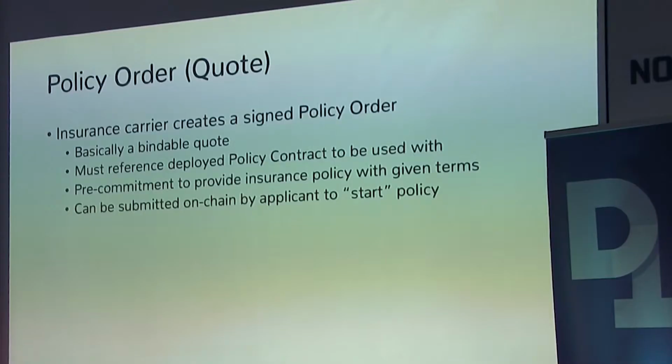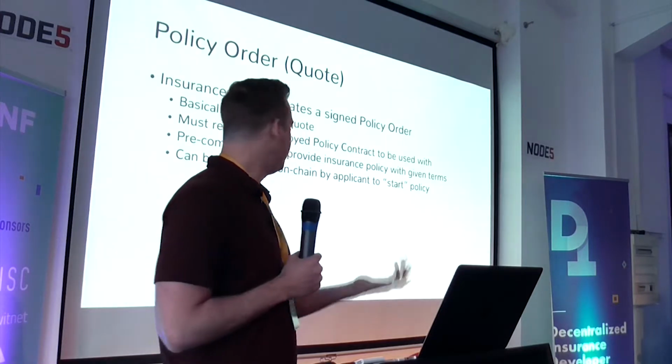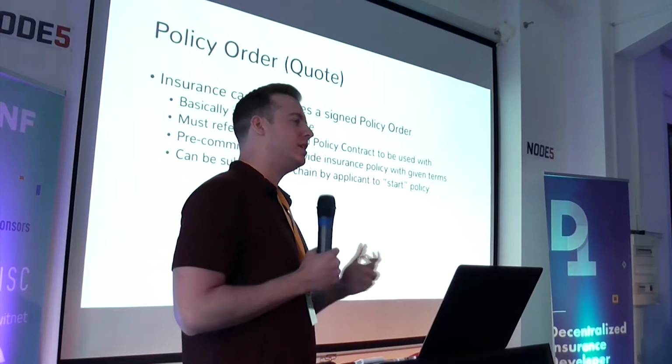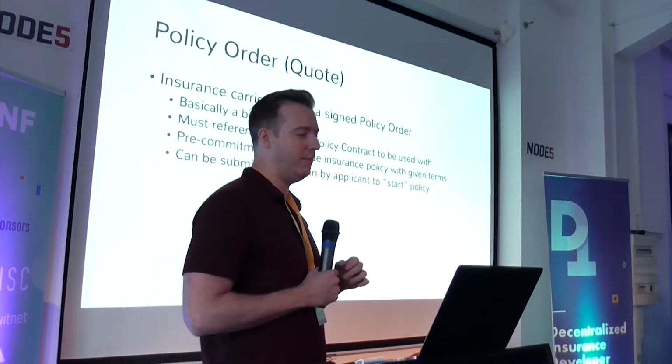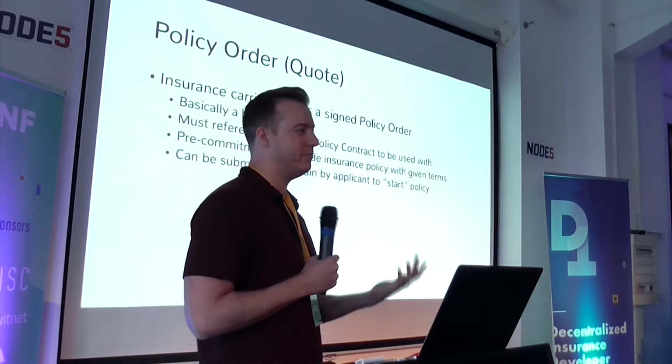And then on the other side of that, we have something called a policy order. And you can think of this as basically a quote in the insurance world. So this is something that an insurance carrier creates that includes a signature. And you can think of it like a bindable quote. So typically if you go on a website and you are looking to receive a quote for your insurance, you'll fill everything out, enter your information.